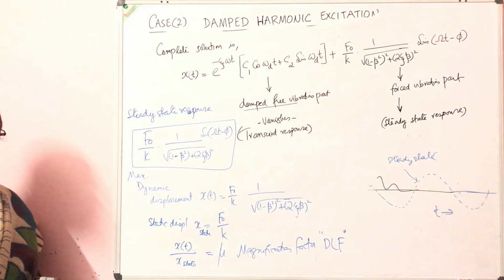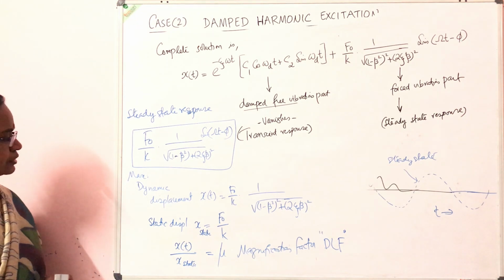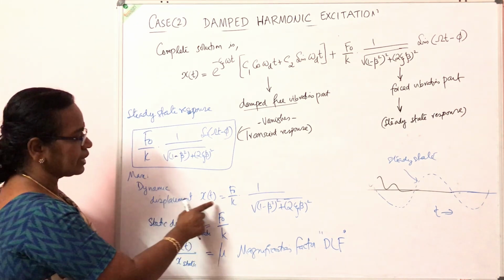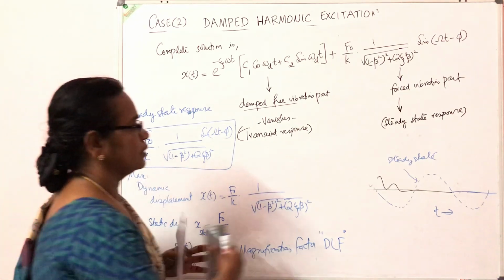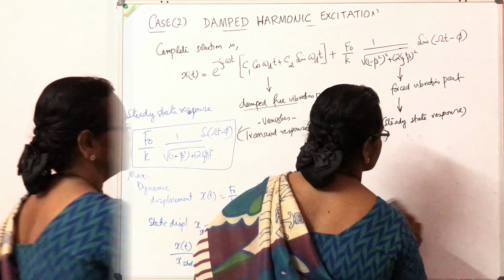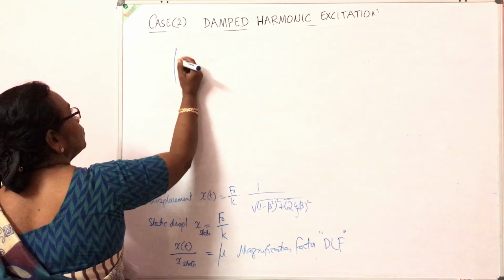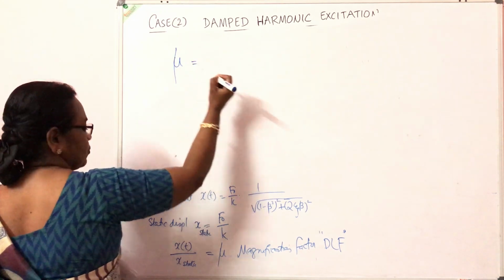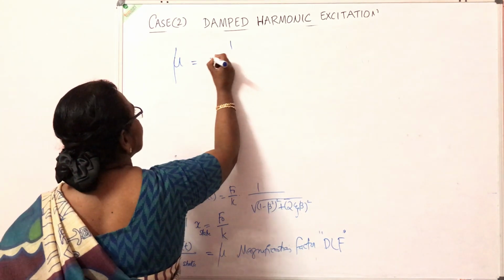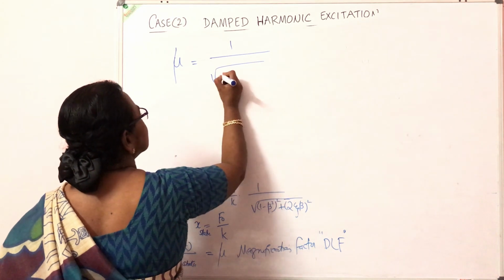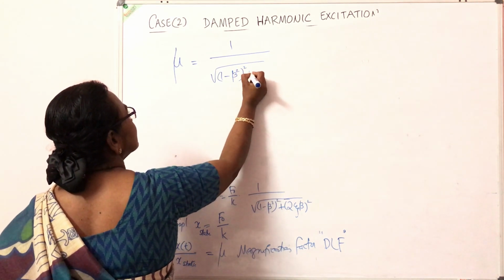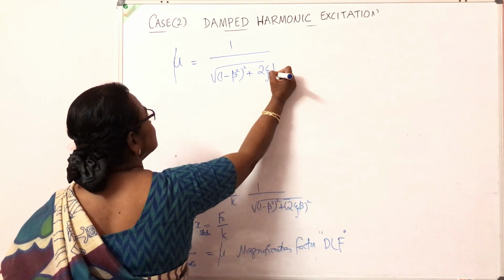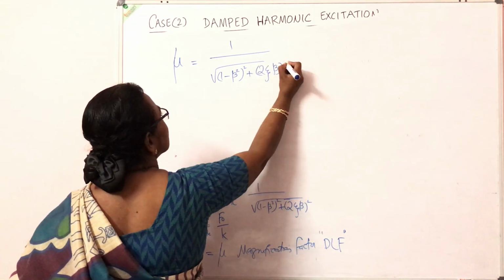The magnification factor or dynamic load factor is the ratio of the maximum dynamic displacement to the static displacement, and the term mu is equal to 1 by root of 1 minus beta square the whole square plus 2 psi beta the whole square.